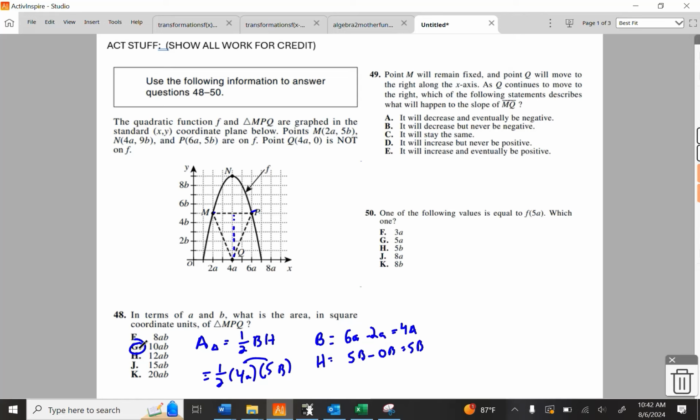The issue is they're using these weird coordinates. Point M will remain fixed, so I'm moving on to 49, sorry. Point M will remain fixed, and point Q will move to the right along the x-axis. As Q moves to the right, which of the following statements describes what happens to the slope of M to Q? Here's point Q, and say it moves over here.